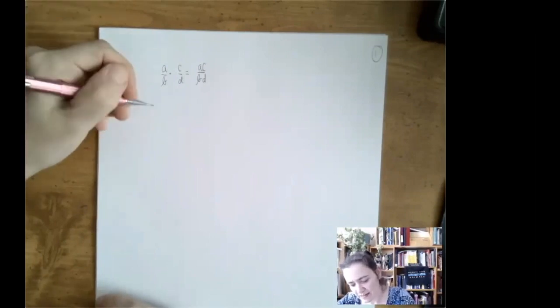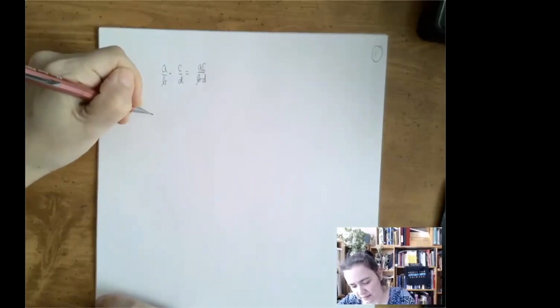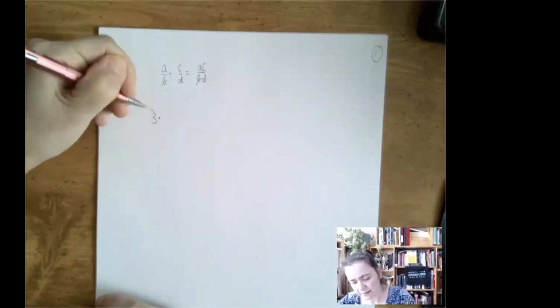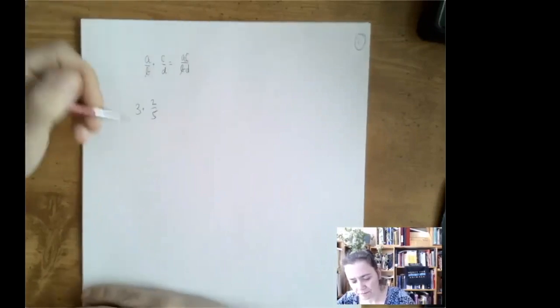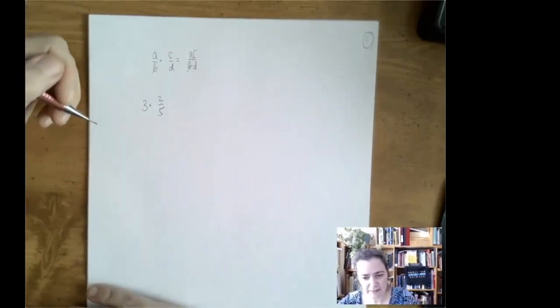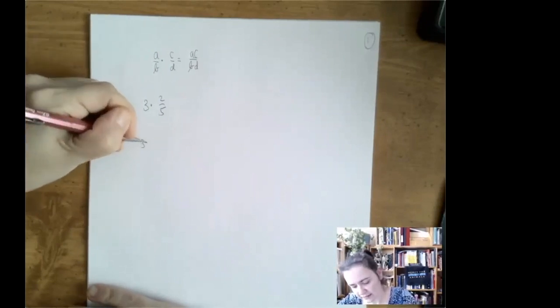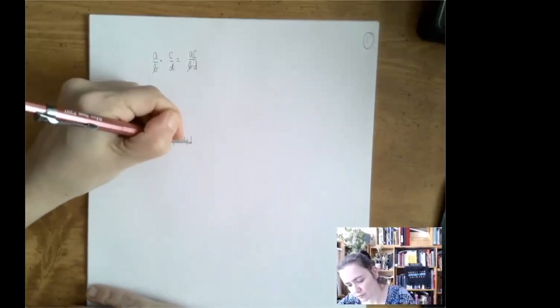So let's say we want to multiply a fraction by a whole number. Let's say something like 3 times 2 over 5. Well, you know, multiplication could be defined as repeated addition. Like 3 times 4 is 4 plus 4 plus 4.